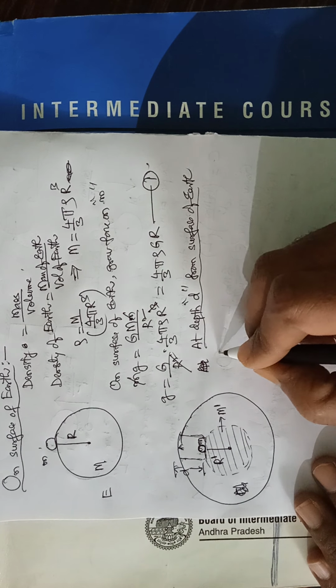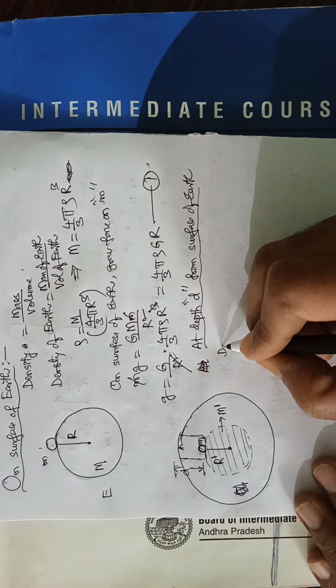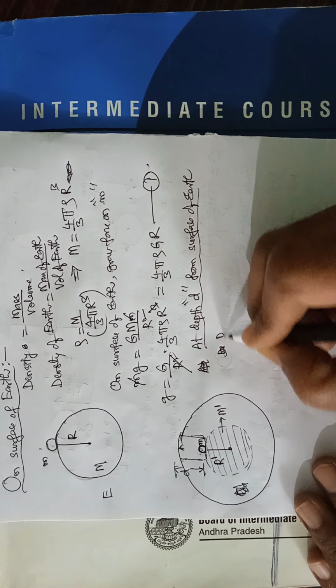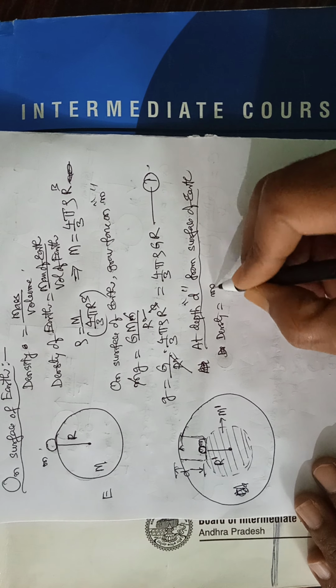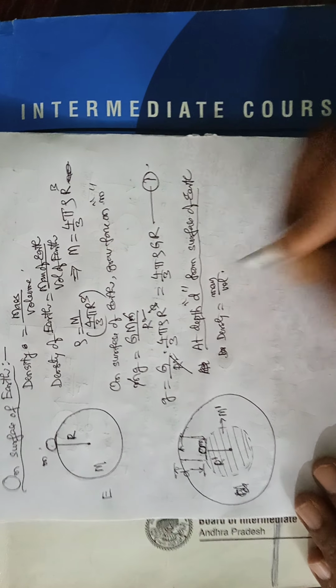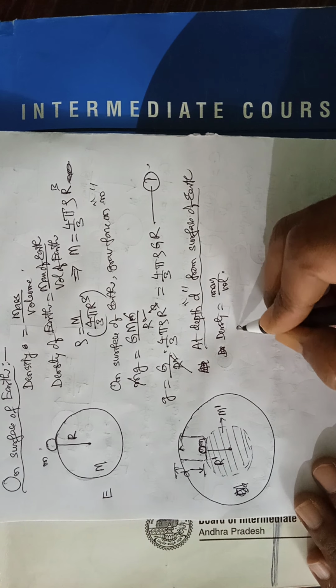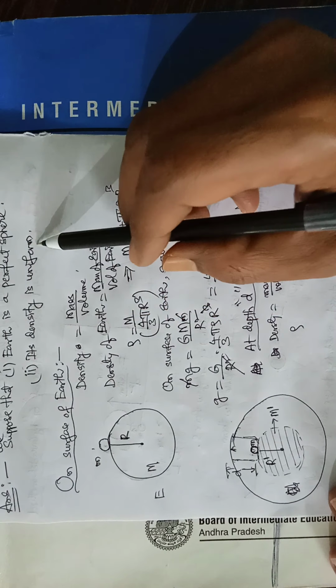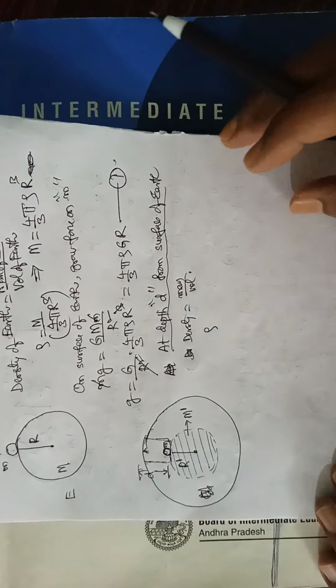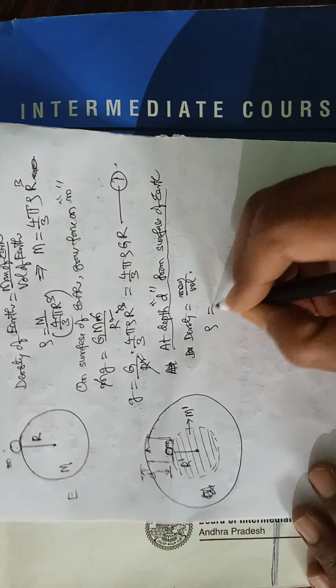So density is equal to mass by volume. But we assumed that its density is uniform, so density doesn't change, same value.